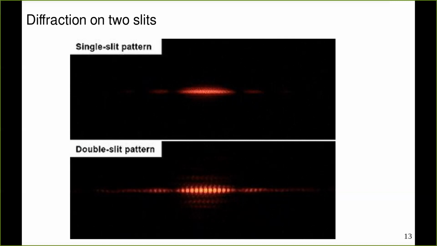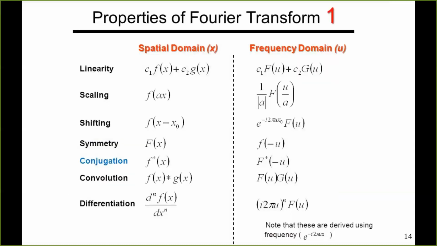Another useful thing are the properties of Fourier transforms. The Fourier transform has these very useful properties. One is linearity. It's a linear operation, so the sum of Fourier transforms is the Fourier transform of the sum. It scales in the following way, and something that might be useful is this convolution property.